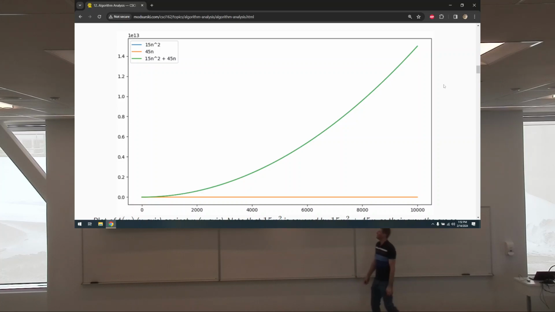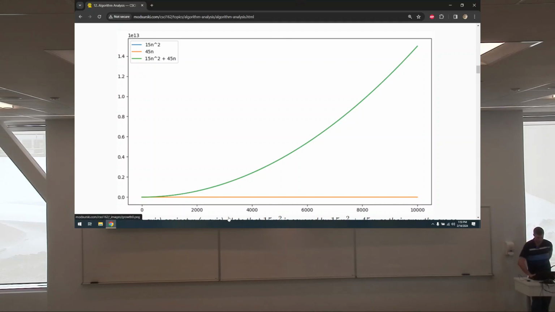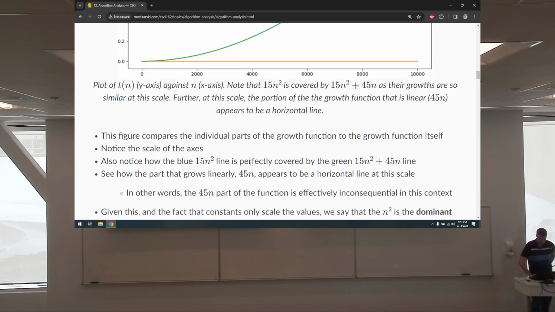Meaning that in 15n squared plus 45n, I only care about the 15n squared. In fact, I don't even care about the 15. The 15 is just a scalar. That's some constant amount of work that's associated with each unit of n. I don't care about that. Maybe this plot should also include one where there's no 15 in front.